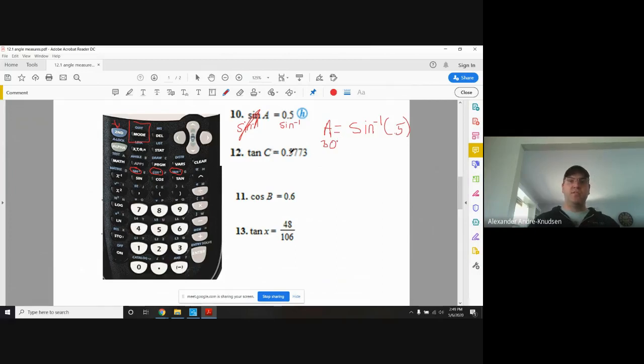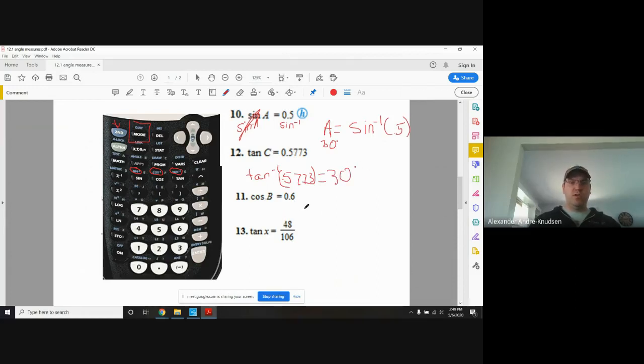This one's a tangent of C, so we're going to plug in the inverse tangent of 0.5773. Inverse tangent of 0.5773, and you get, well, if we round to the nearest degree, 30 again.